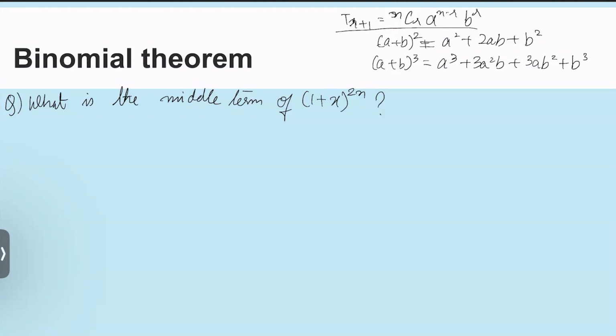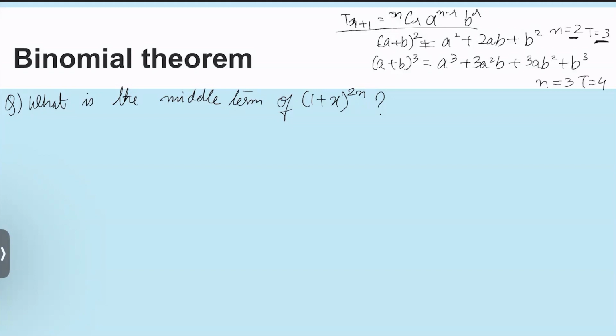Okay, so this is the expansion. Now you will see that when n is equal to 2, your total number of terms is 3. And when your n is equal to 3, the total number of terms is 4. Okay, so for every even power we have an odd number of terms.